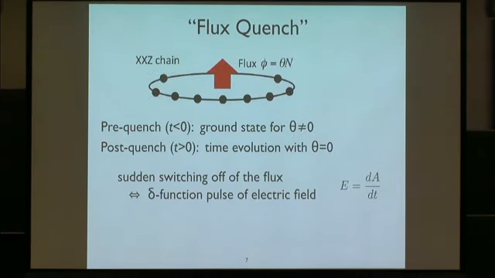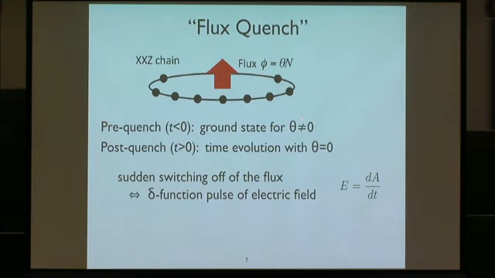The problem we want to consider is sometimes called a flux quench, because it corresponds to a sudden switching off of this flux. Let's say before the quench, for t negative, the system was in the ground state for some non-zero theta.